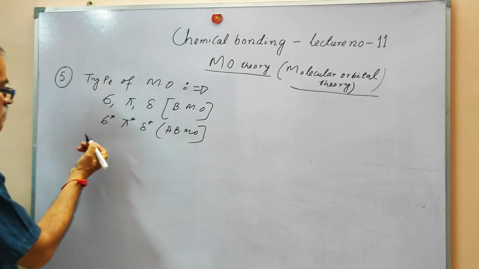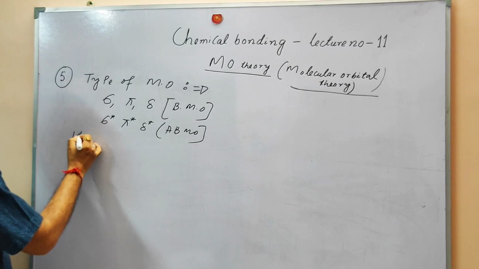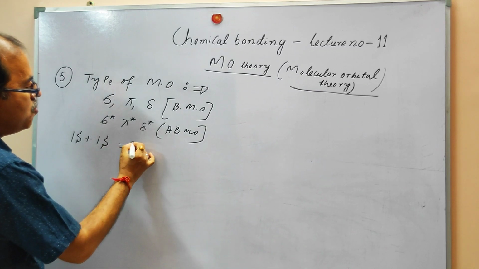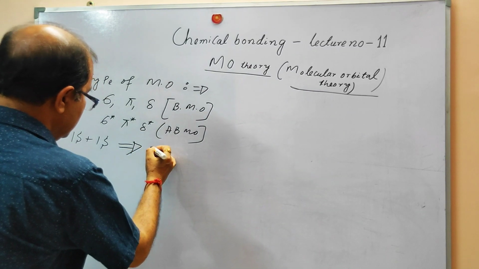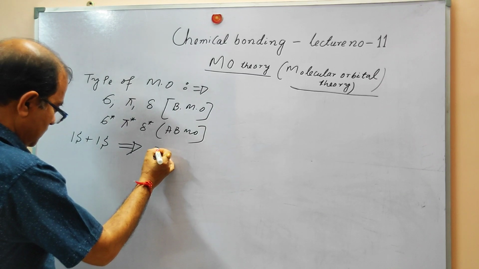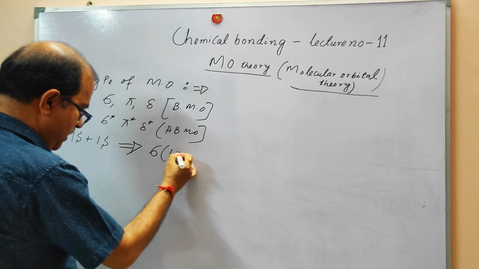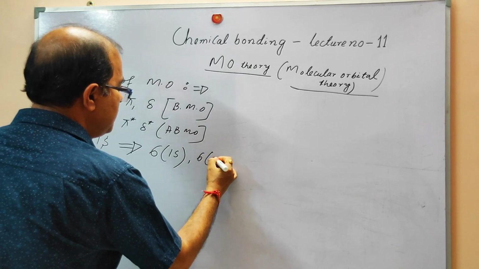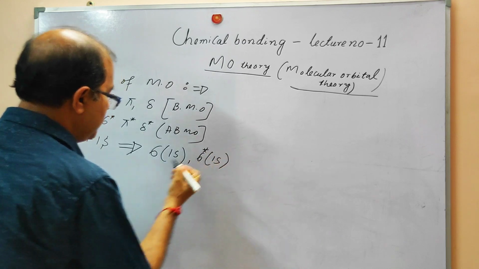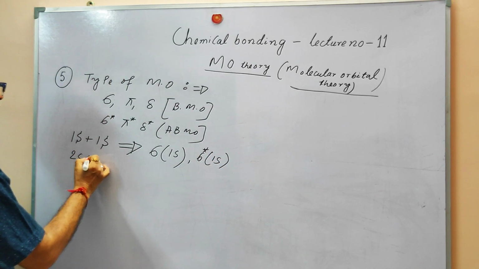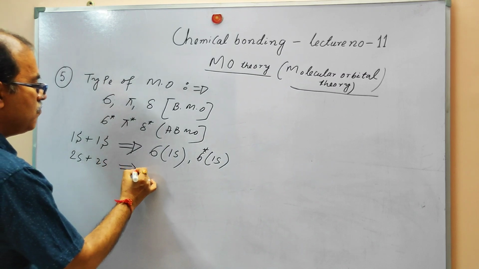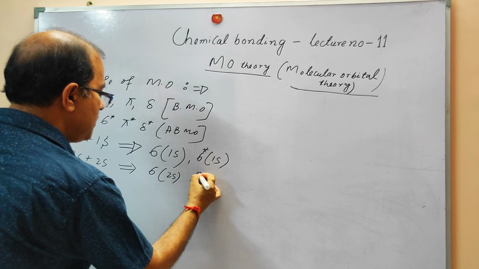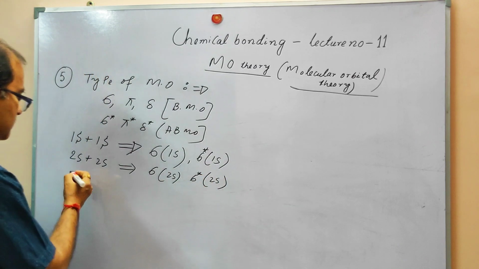Here you can see 1s orbital plus 1s orbital will produce the sigma 1s orbital, that is bonding, and another sigma star orbital. 2s plus 2s will produce sigma 2s and sigma star 2s orbitals.